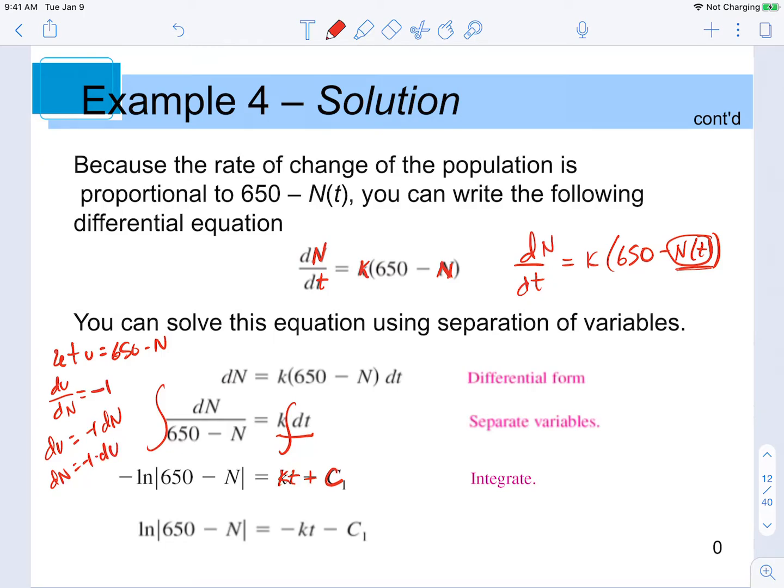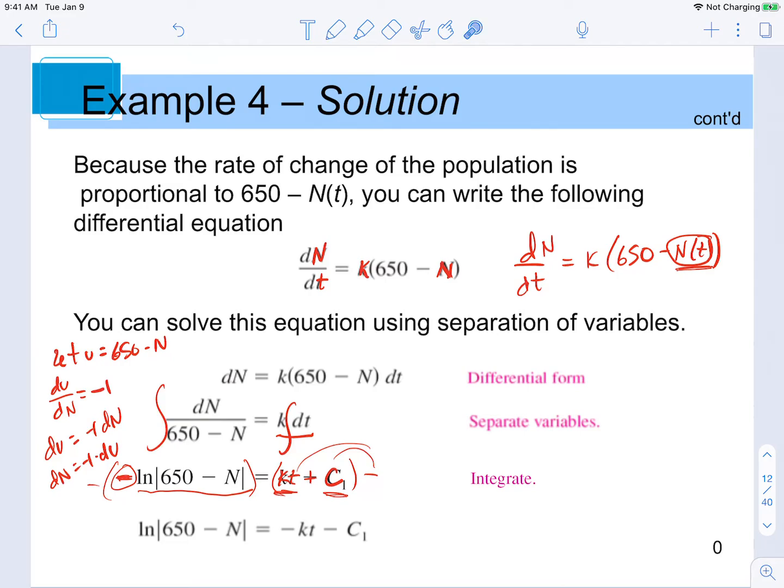So that's what you're seeing here. That's where you see a negative sign. Okay, so I'm going to get this side positive. So I'm going to multiply both sides by -1. And when I do that, I'm going to distribute this negative to both terms. So I get positive ln of the absolute value of 650 minus N equals negative kt minus c1.